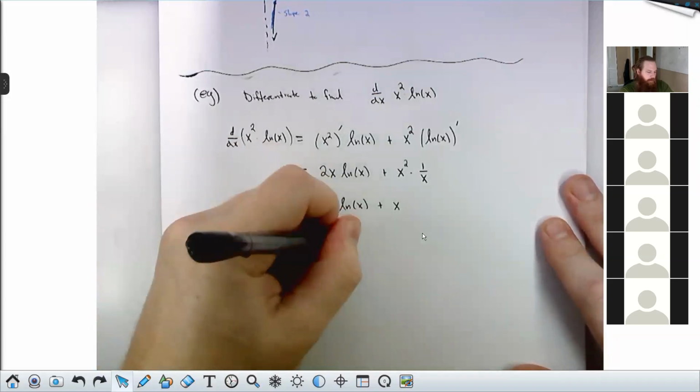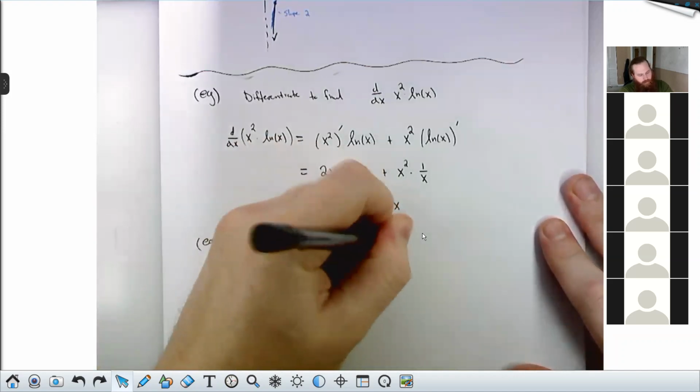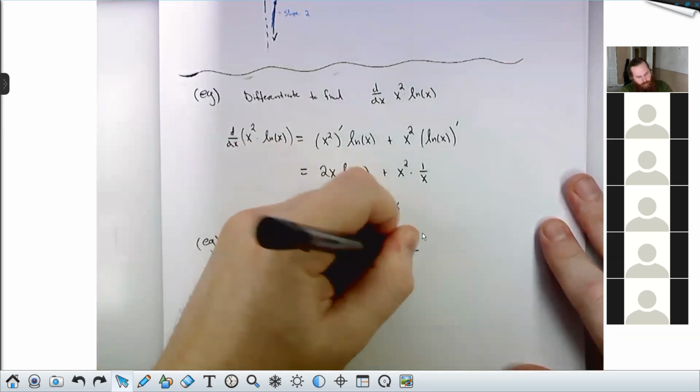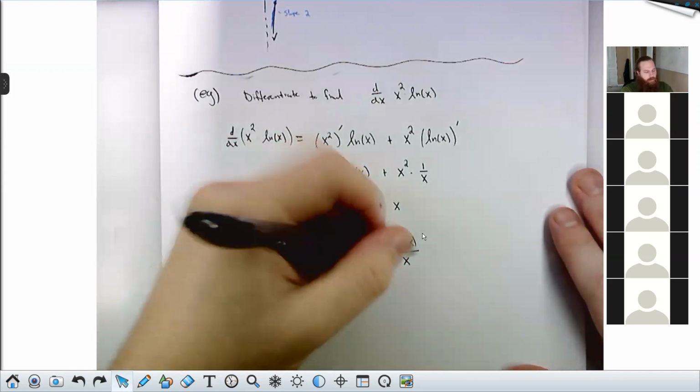Not too bad, right? For our next example, let's find f prime of x, where f of x is ln x over x. This time, instead of the product rule, I'm going to need the quotient rule. A quick question, can I cancel these x's?